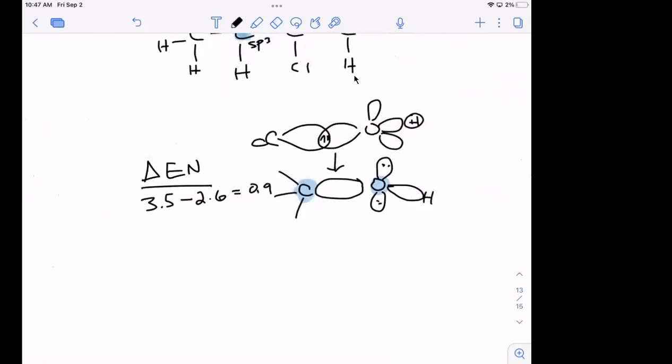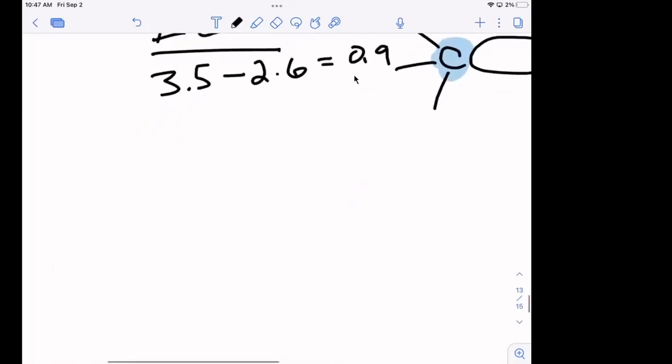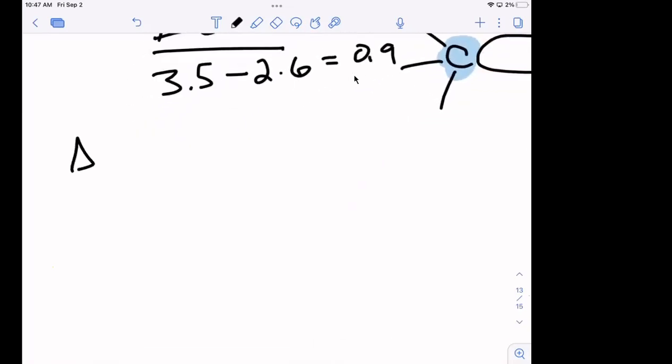Right, so that difference is on a scale. We have a scale that we can use to determine if it's polar covalent or non-polar covalent. Depending on what book you have or what source you use, the scale is a little bit different. Some scales stop at 0.3 for non-polar, some stop at 0.5.